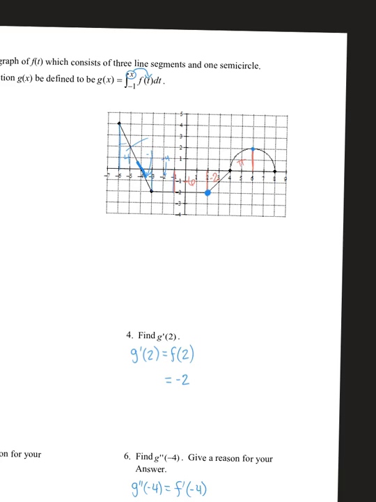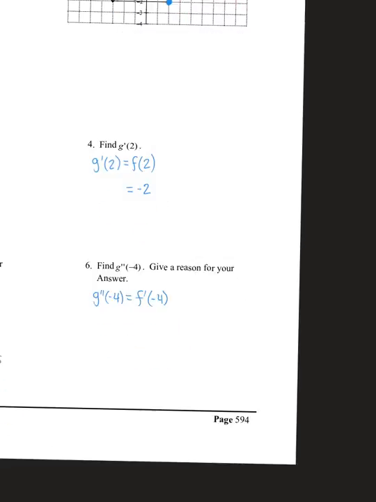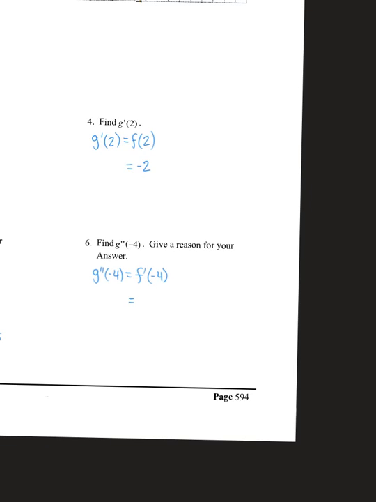It looks like it's -2, so down 2 over 1. So this would be -2, and give a reason: because the slope at t equals -4 is -2.